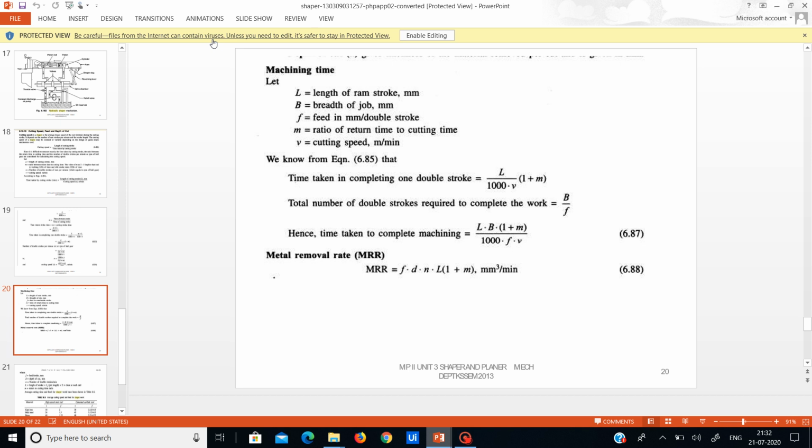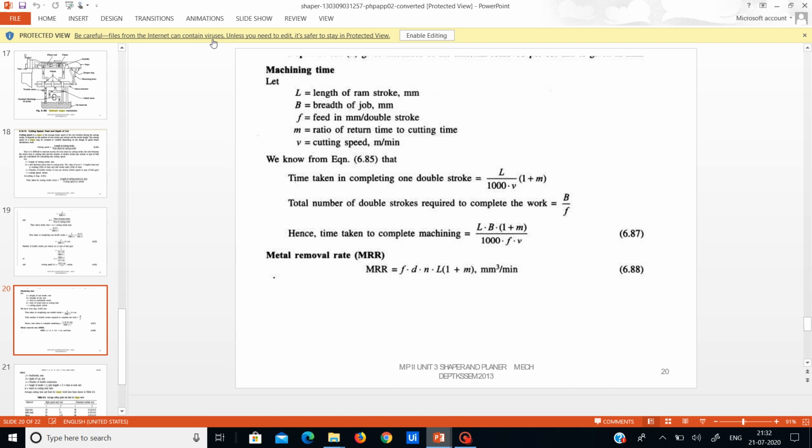Hence, the time taken to complete the machining is L into B into 1 plus M by 1000 into F into V. Here F means feed and V means the cutting speed. L means the length of the ram and capital B means the breadth of the job.